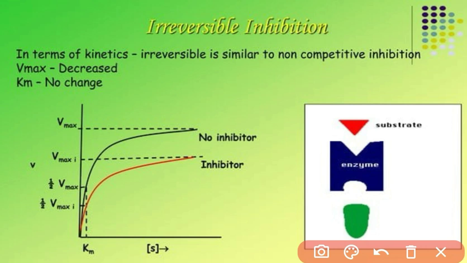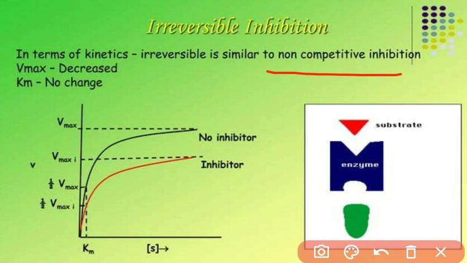This is known as non-competitive inhibition. In non-competitive inhibition, there is a decrease in the Vmax value and no change in the Km value. In the same manner, irreversible inhibition decreases the Vmax value but there is no change in Km.